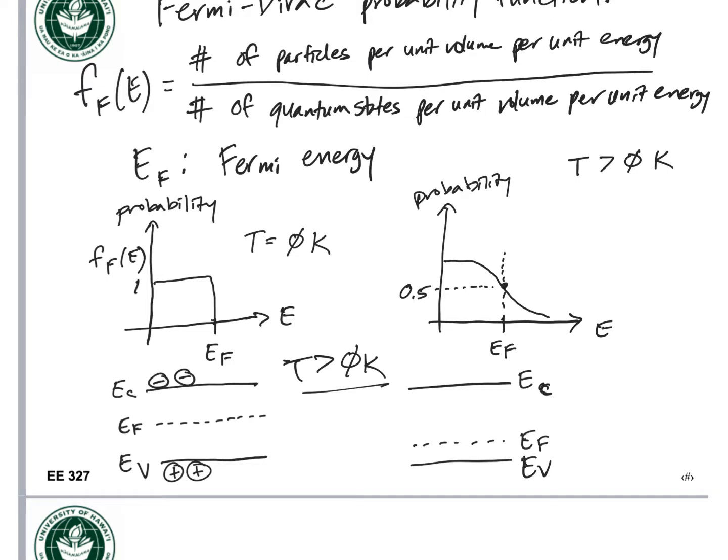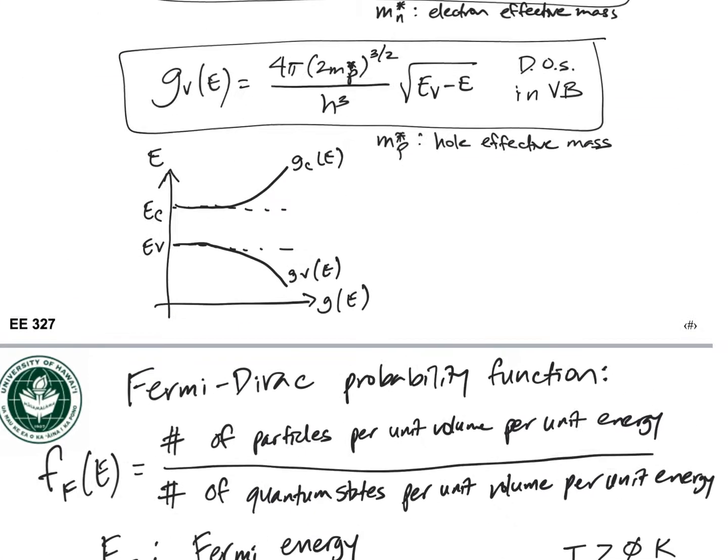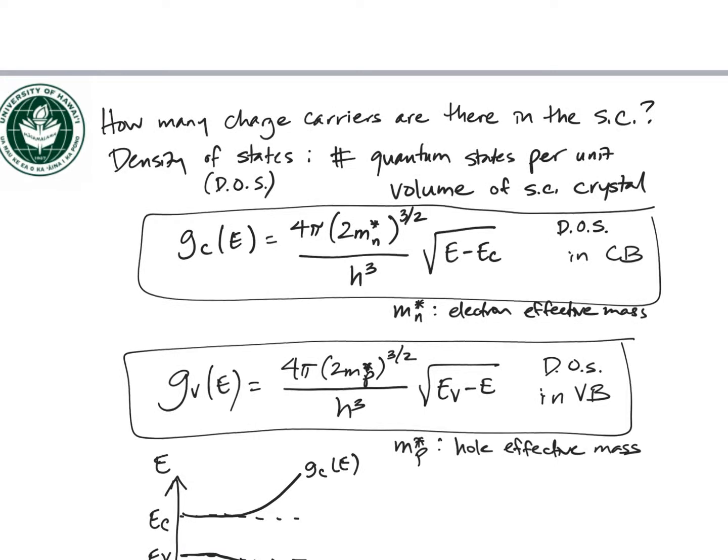Okay, so I kind of went on a little sidetrack on the Fermi level. But let's go back, let me scroll up a little bit. I still didn't answer the question at the top of this slide. How many charge carriers are there?